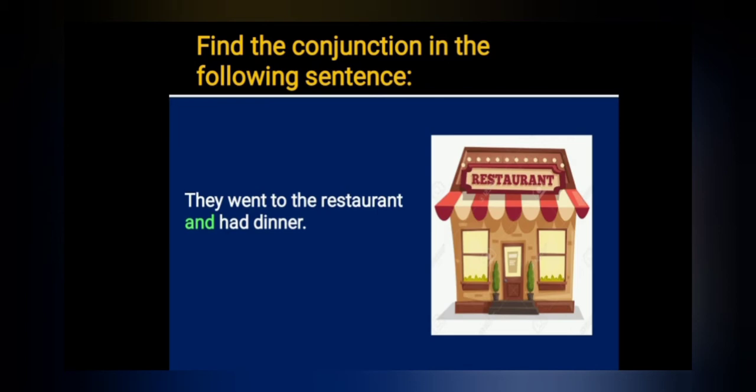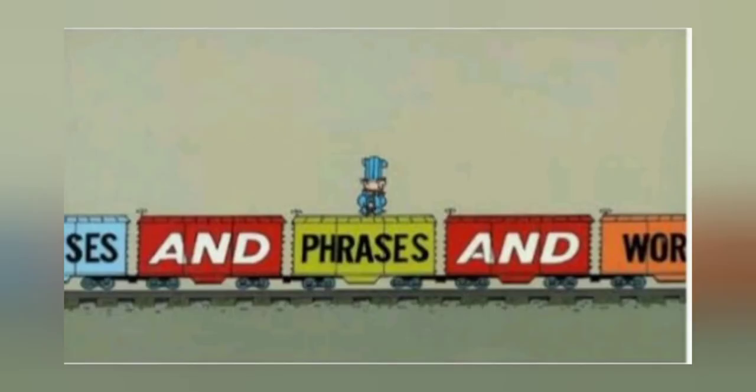So I hope you have become more familiar with the words conjunctions, that is joining or linking words. In all the previous slides, you must have noticed that these words and, because, so, or, but have joined, have linked two sentences or clauses or words together. So, let's move on to our next part.